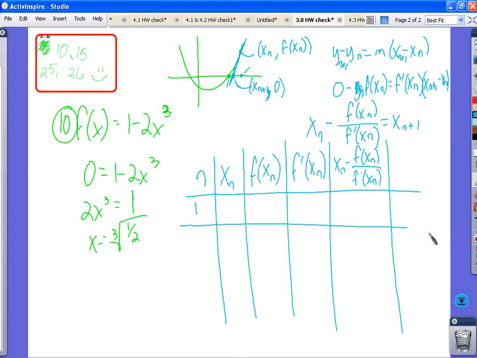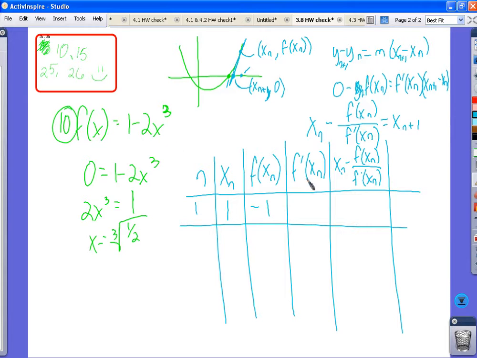So our first guess should be something close to the cube root of 1/2, just by our intuition. 1? What about a half? I think that's okay, we'll do 1. And what's f of 1? Negative 1. 1 minus 2 times 1 would be negative 1.